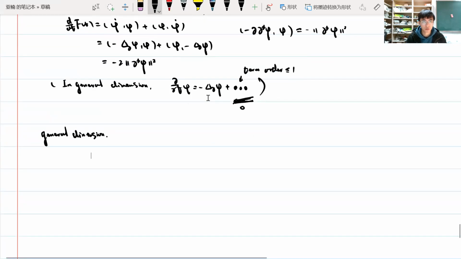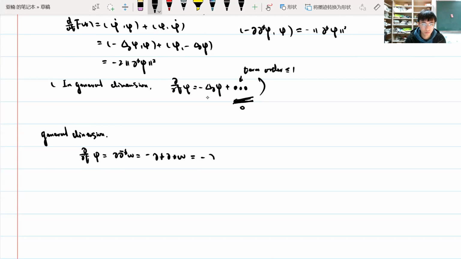And we compute this. That's the evolution equation.